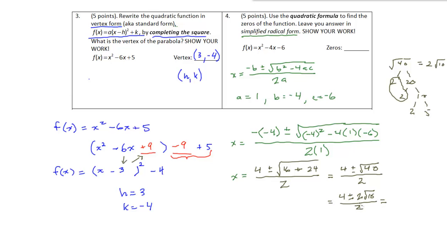So 4 divided by 2 is 2 plus or minus square root of 10. These are our zeros. 2 plus or minus square root of 10. Simplified radical. And we're done.